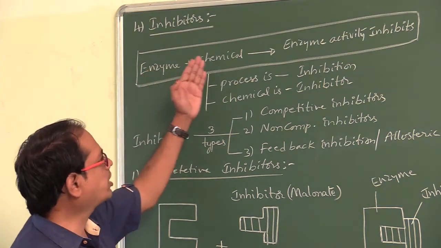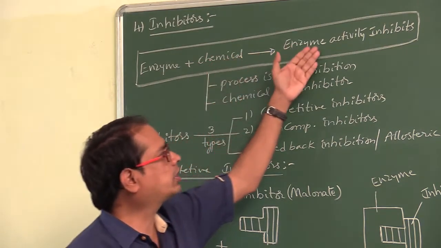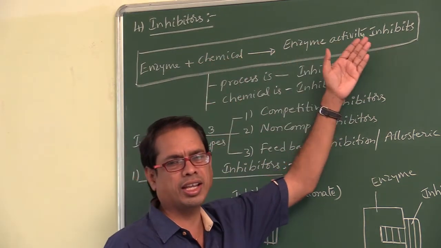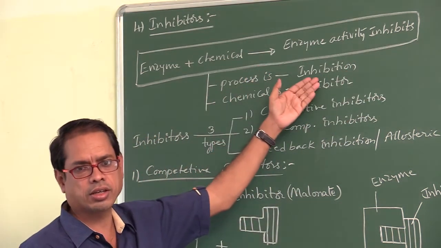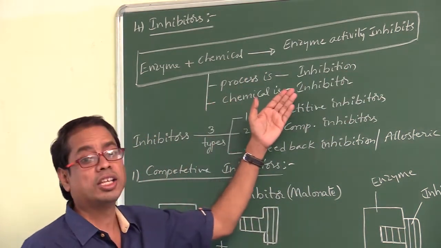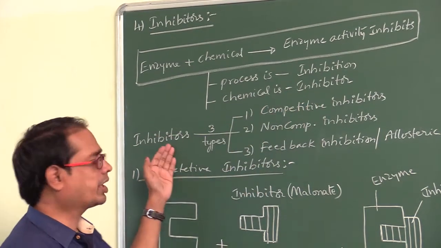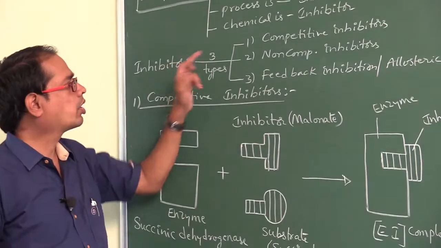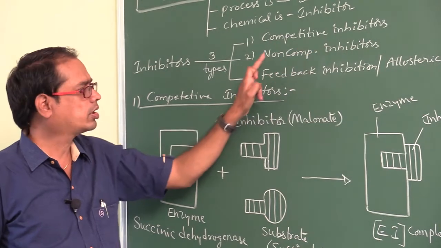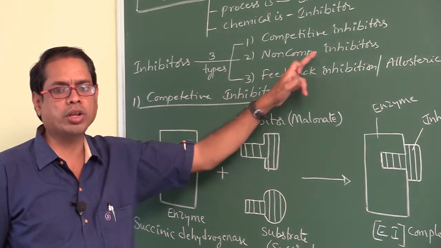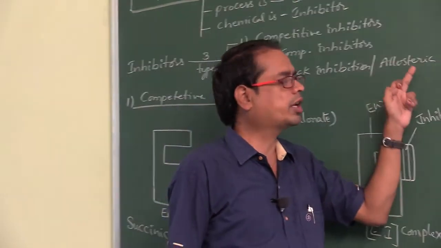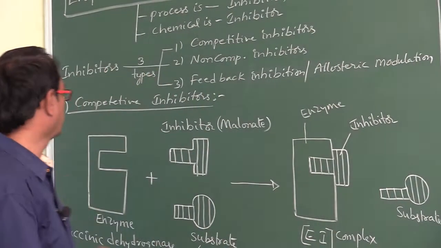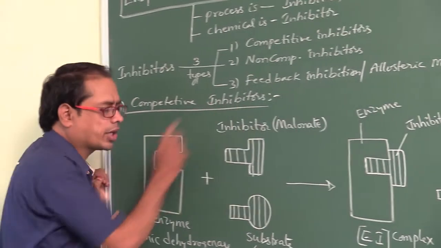These inhibitors are of three types: competitive inhibitors, non-competitive inhibitors, and feedback inhibition or allosteric modulation.